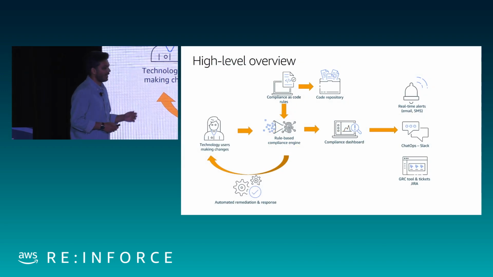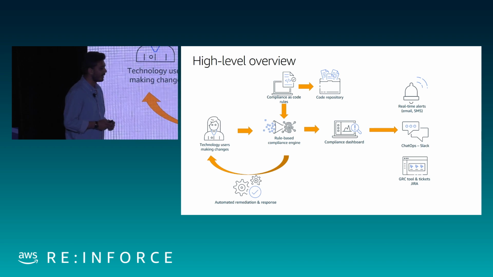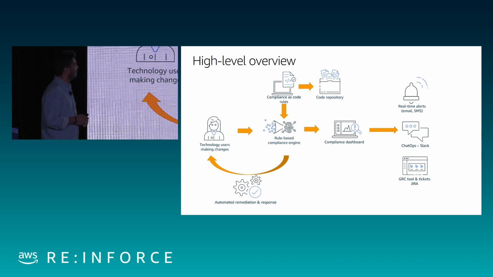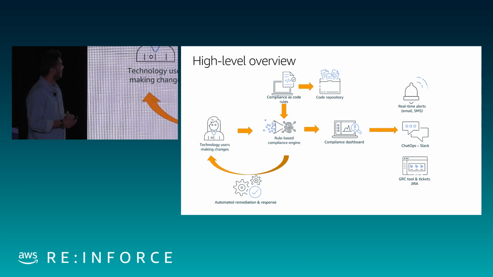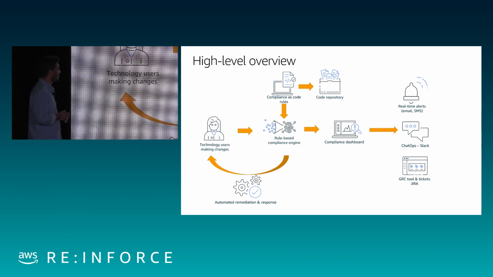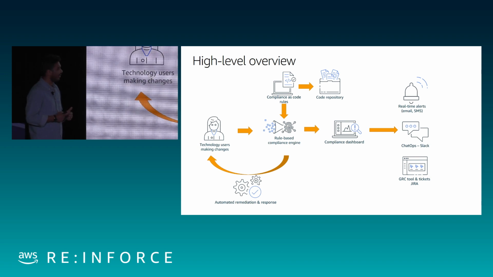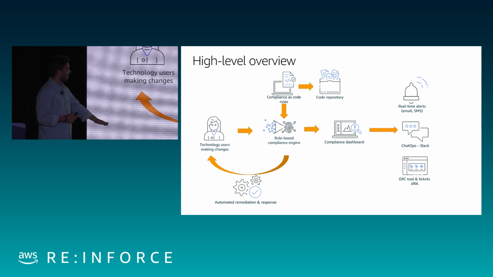So let me give you a high-level overview of what continuous compliance looks like. If you look at the top left, you have compliance as code rules. You would use any compliance engine and start describing compliance as code in the domain-specific language. Once you define compliance rules, a rule-based engine is going to start processing these rules. Whenever a change is made by a developer or an operator, the rule-based compliance engine picks up the triggers and figures out whether there is a need for a remediation response.